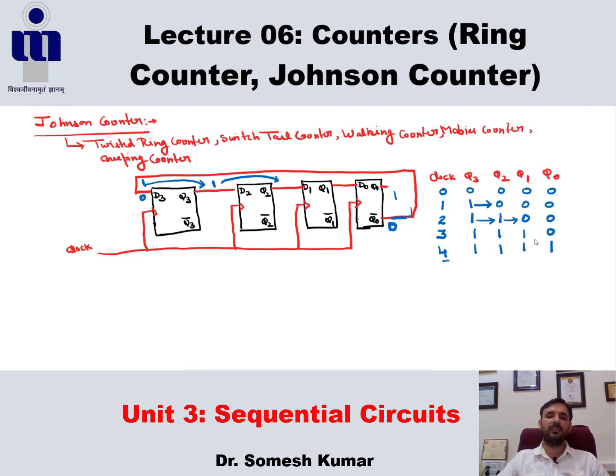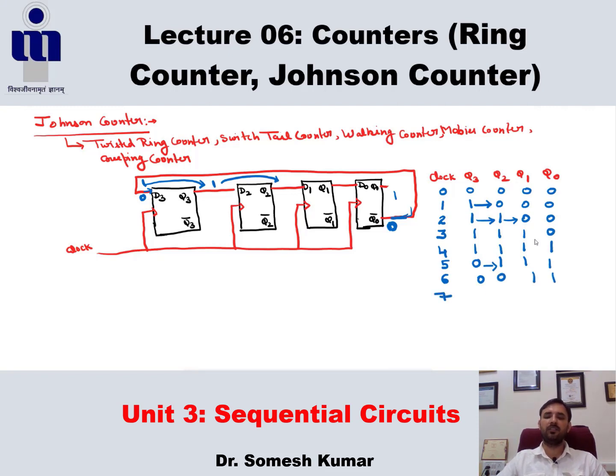Fine. So what happens in the fifth clock? This Q3 becomes 0 and the others remain 1. What happens in the sixth clock? This 0 is propagated to the next, and this 0 from Q0 bar is given as feedback to D3. Fine. So 0, 1, 1.